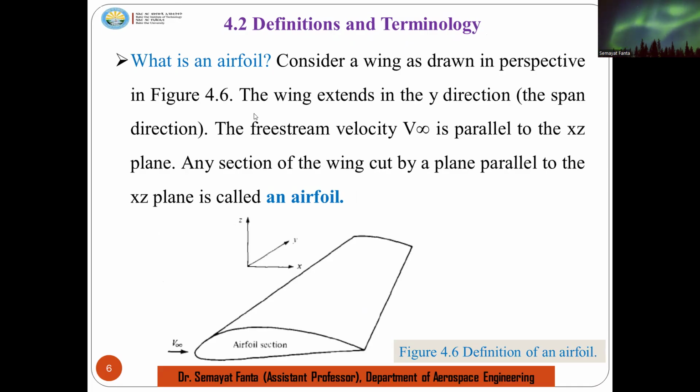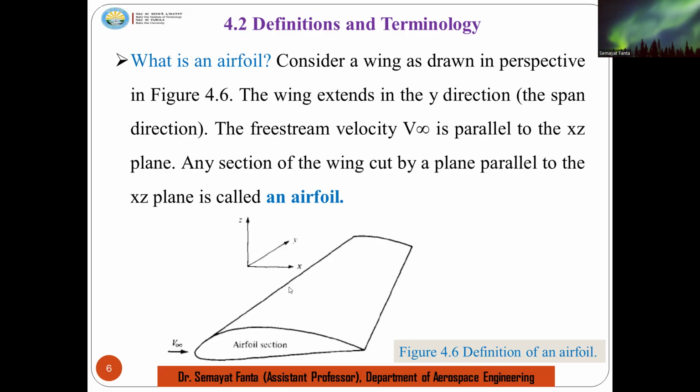what is the definition of aerofoil. It is a shape which we observe when we cut the aircraft wing at any specific location and view it from the front. So for example, this is half wing span.